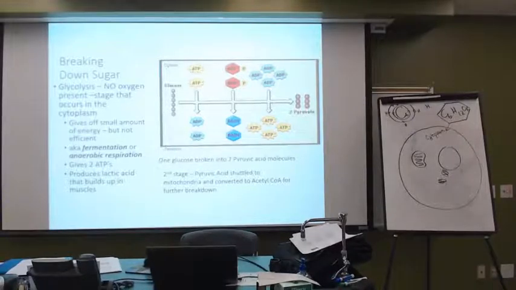It will give you ATP if the products go into aerobic respiration. That's great. If not, it produces lactic acid, which builds up in the skeletal muscle cells and makes them sore.